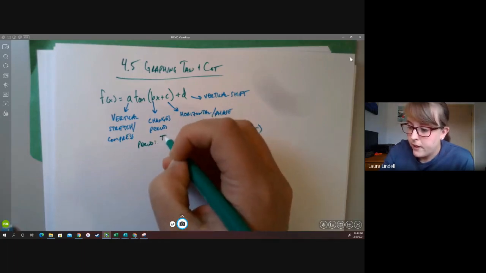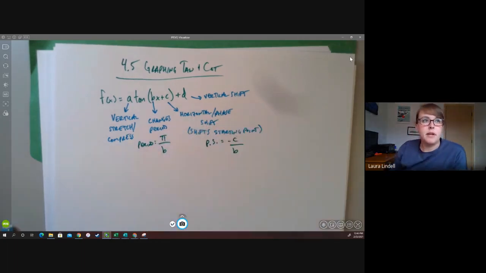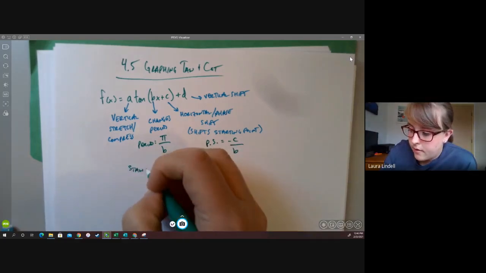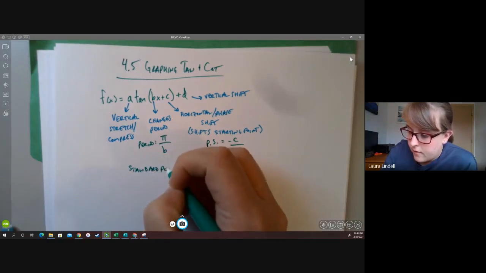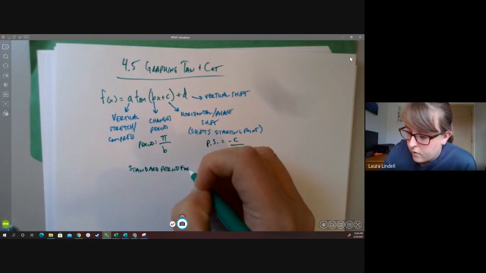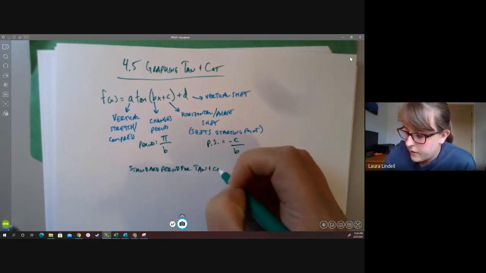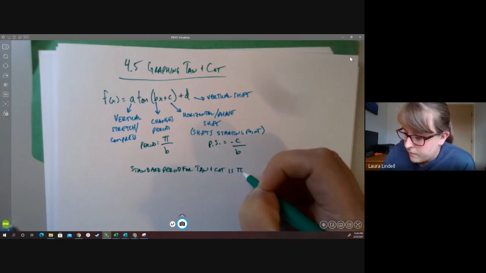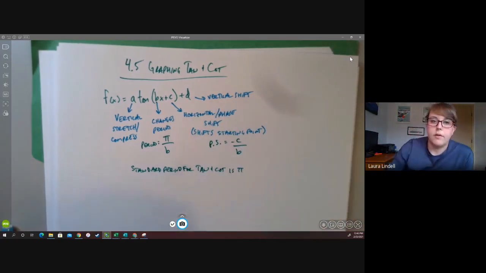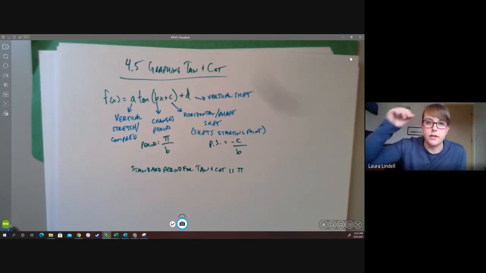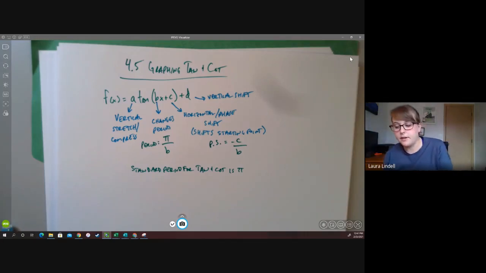Instead of 2 pi over b, it is pi over b, because the standard period for tangent and for cotangent is pi, whereas for sine and cosine, it's 2 pi. So there is that difference. The vertical shift is still D, and the vertical stretch and compression is still A. But again, it's not called amplitude when we're talking tangent and cotangent.